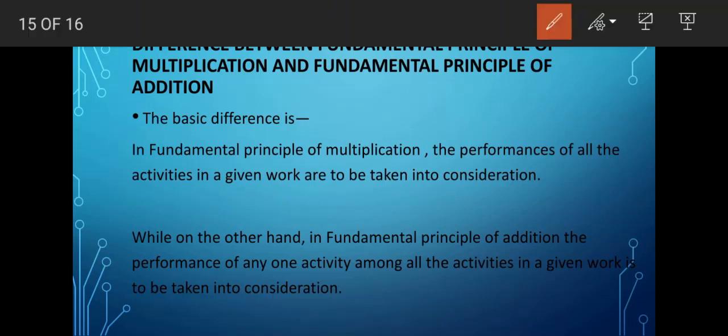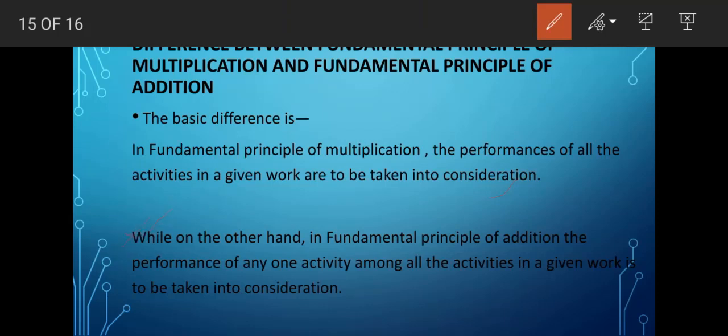The basic difference is, in the fundamental principle of multiplication, the performances of all the activities in a given work are to be taken into consideration. Whatever activities are there under a given task, all those activities will have to be considered.